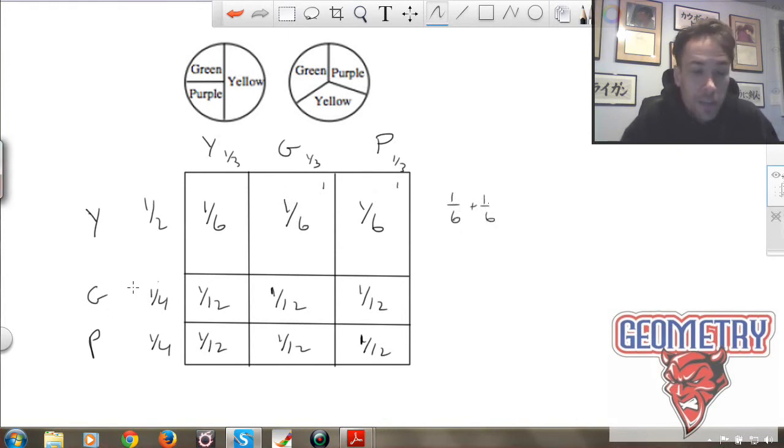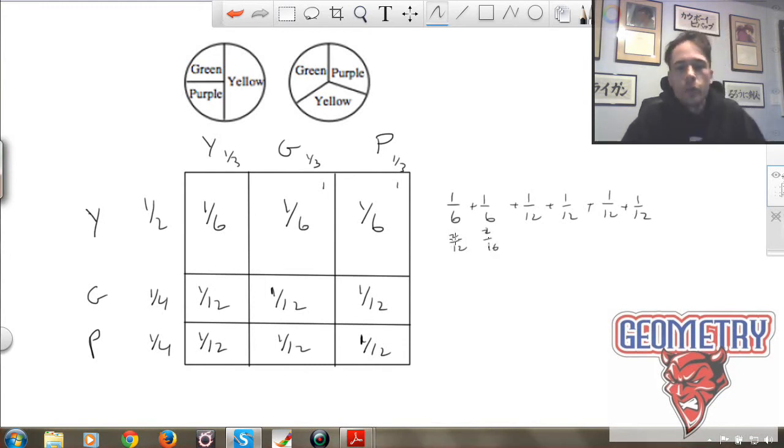We have green, yellow, and green, purple, so that's 1/12 plus 1/12. And then down here we have purple, yellow, purple, green, which is 1/12 plus 1/12. So 1/6 is actually 2/12, right? So we can combine these together. So 2/12 plus 2/12 plus 1/12 plus 1/12 plus 1/12 plus 1/12. So we get 1, 2, 3, 4, 5, 6, 7, 8.